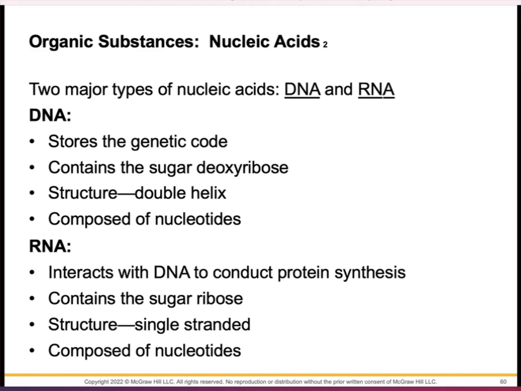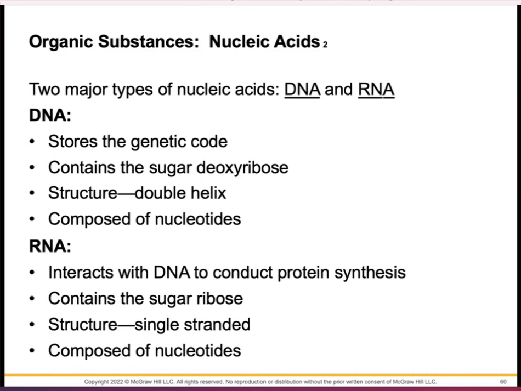So there are two major types of nucleotides like we discussed: DNA and RNA. Deoxyribonucleic acid is DNA and ribonucleic acid is RNA. These nucleic acids differ in their type of pentose sugar, which is why their names make them different. Deoxyribonucleic acid is a nucleotide that stores our genetic information.